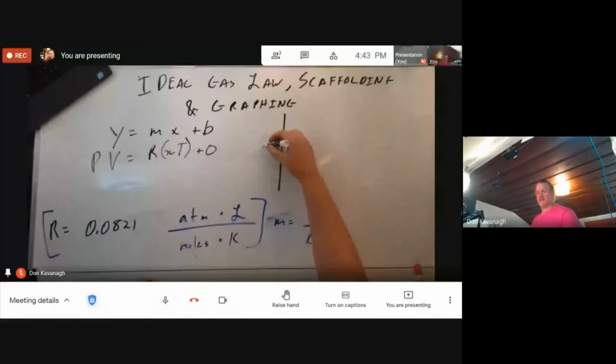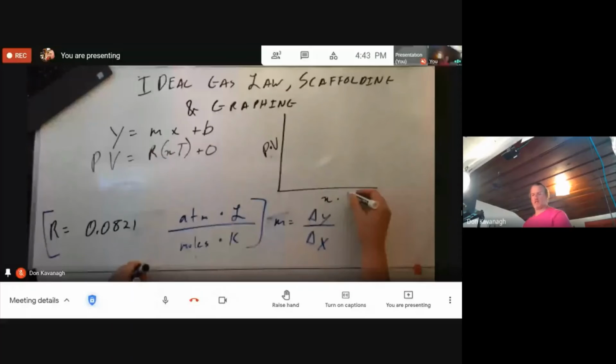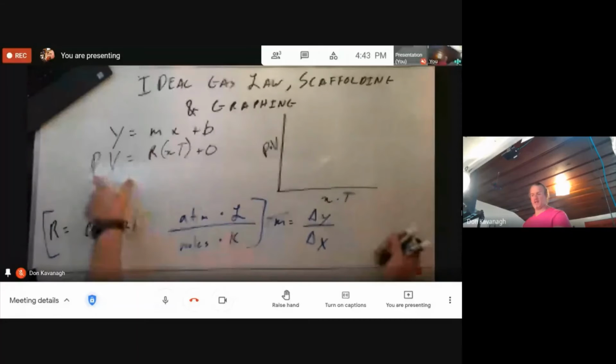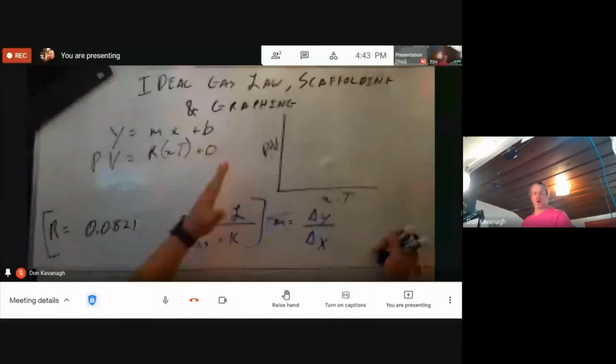On the x-axis, we have number of moles times temperature. Now, in PV equals nRT, there was no plus anything, so we just made it plus 0, which is effectively not leaving it on there. And I maintain that the slope of the straight line is m, or R, the gas constant.